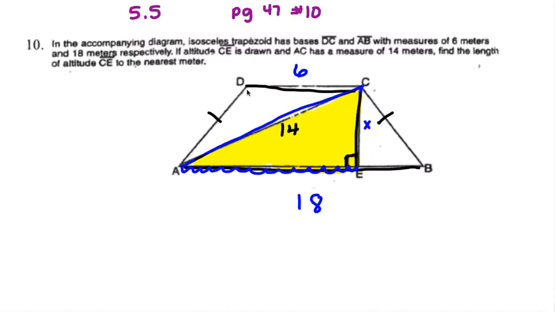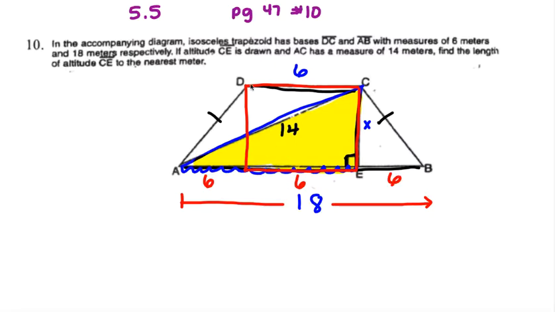If I drop another altitude here, then I see I've created a rectangle right here. So I know that this segment right here is 6. And if the whole thing is 18, then these other two sides have to equal 12 together, which makes this 6 and this 6, for them all to be 18.